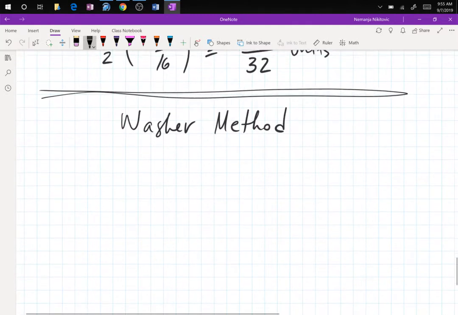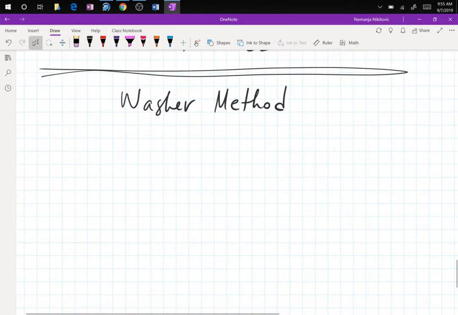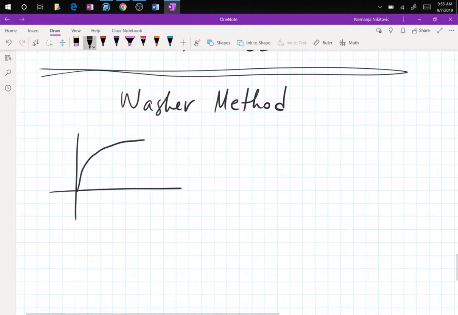And that involves two functions. Just like area between two curves, now you have two functions. So let's say you have some kind of a parabola for f of x, and then maybe a linear line over here for g of x. And you rotate that around x-axis.